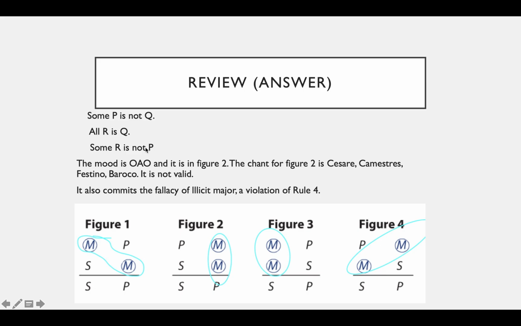The major term here, P, is distributed in the conclusion, and if a term is distributed in the conclusion, it has to be distributed in the premise, and up here it is not distributed in the premise. So that's the major term in the major premise, not distributed. Therefore, that also shows that the syllogism is not valid.